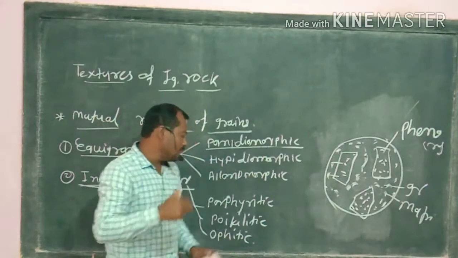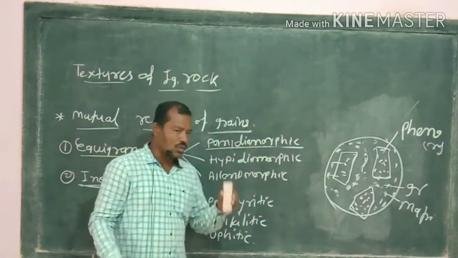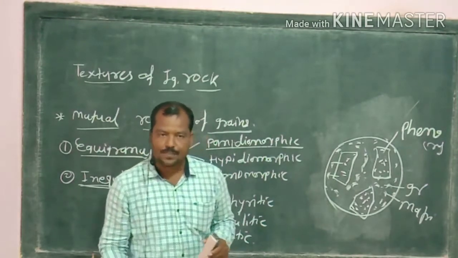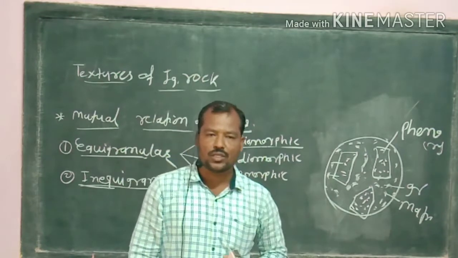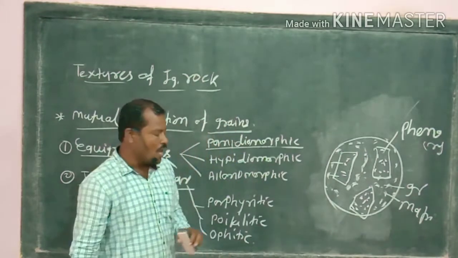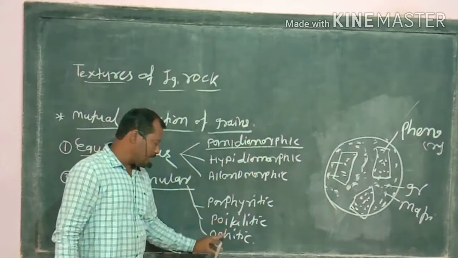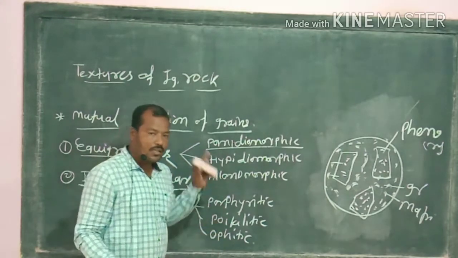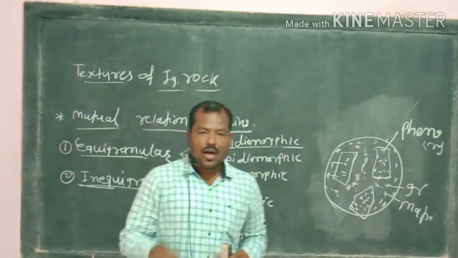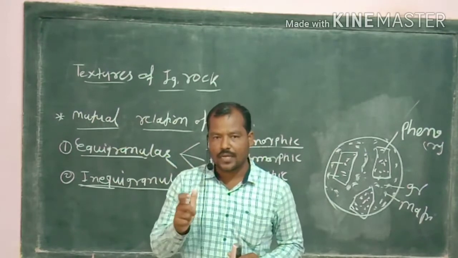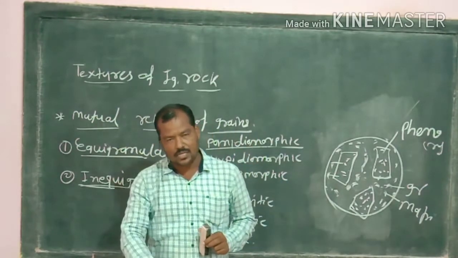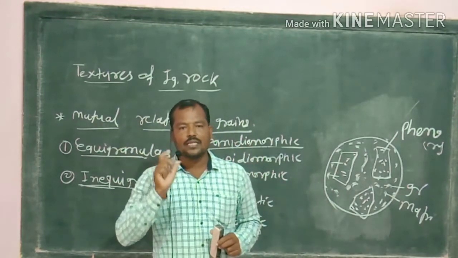And the third one is the ophitic texture. It is a special type of poikilitic texture, in which large crystals of augite enclose the plagioclase laths.